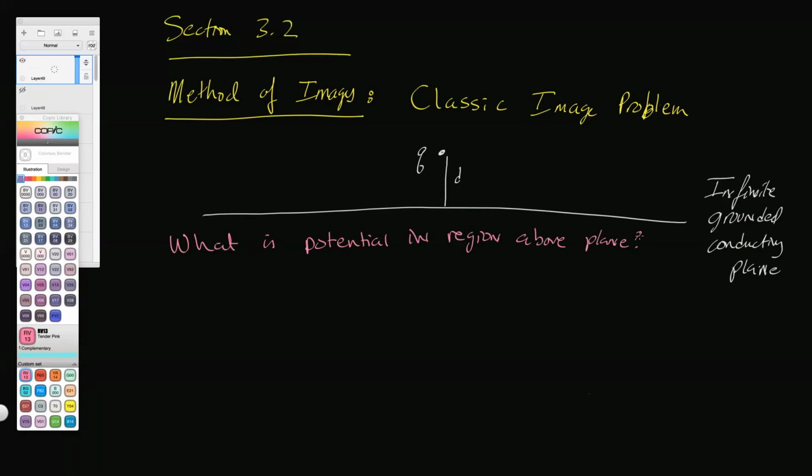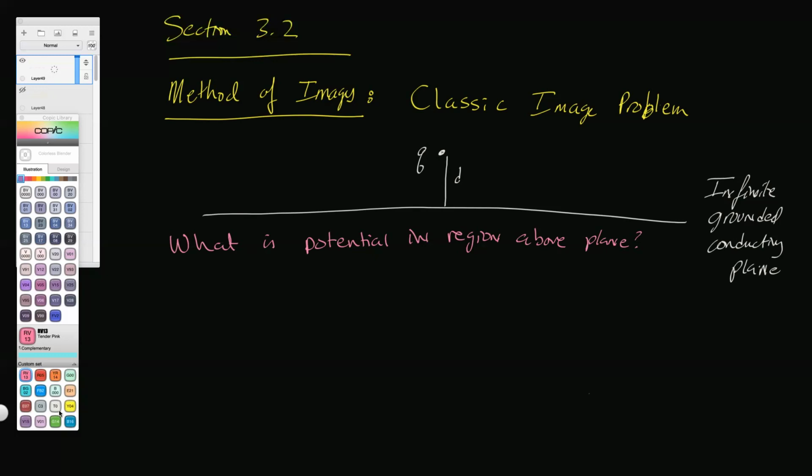We know it's probably more near the charge and less somewhere else. But we do have the uniqueness theorem that tells us that if we can figure out what the V is on the boundaries, then we are halfway there, right? Okay, so we know what the boundary conditions are because the plane is grounded, yeah? So we know that V has to be 0 on the plane.